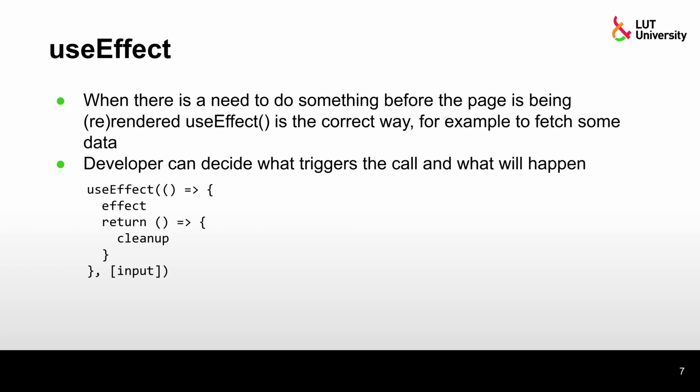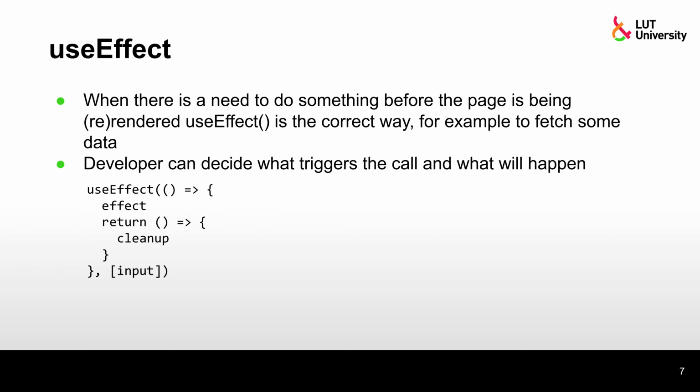This is a bit strange, but the cleanup is done before the next effect is run. So if you are using this useEffect every time the user clicks some button, then the cleanup is done first and then the effect is run. You clean up the last button's effect first and then implement the new one.